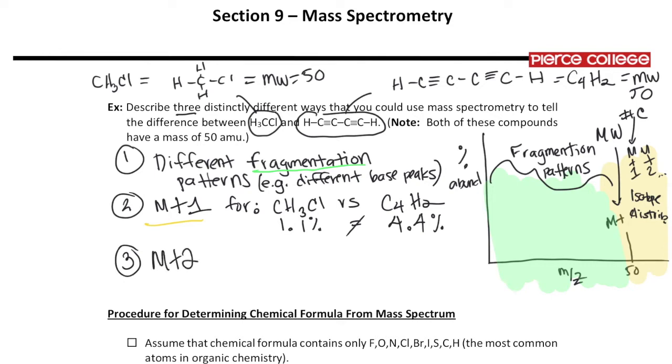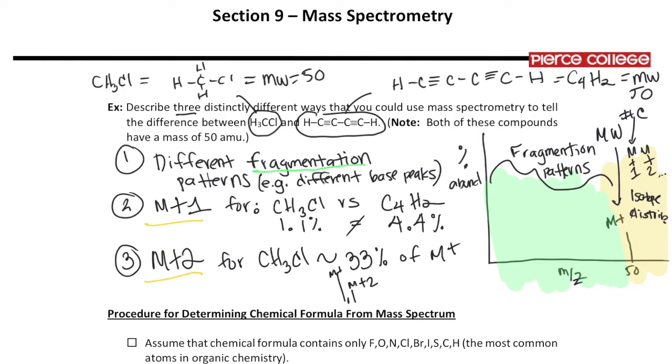However, remember, chlorine has a very significant M plus 2 peak. So the M plus 2 for CH3Cl, the one with chlorine, would be about 33%, 1/3 of the M plus peak that it had. Remember it had the 3-to-1 ratio, so that would be its M plus, and about a third of that height would be the M plus 2. And then of course we'd have the M plus 1 in there.